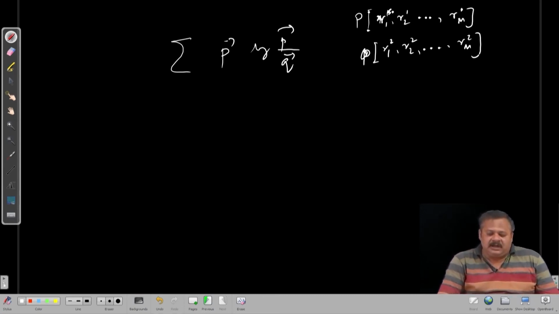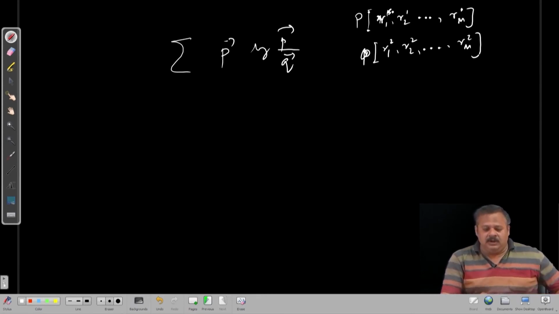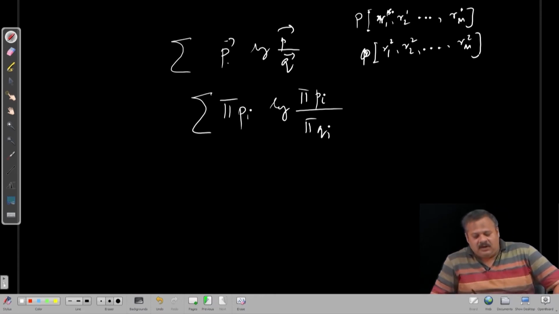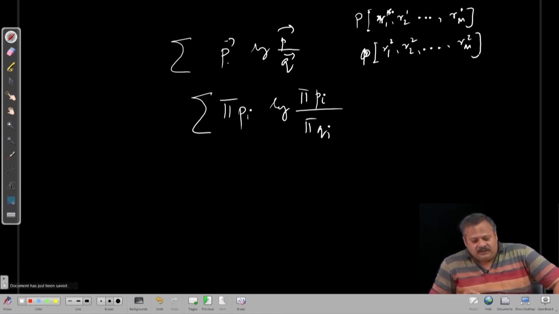This joint distribution can be broken down into the product of each of the distributions P1, P2, P3 up to P capital M. So this P can be replaced by the product of the Pi's, and log of the product of the Pi's by the product of the Qi's, and this is summing over all possible values that the joint distribution can take.